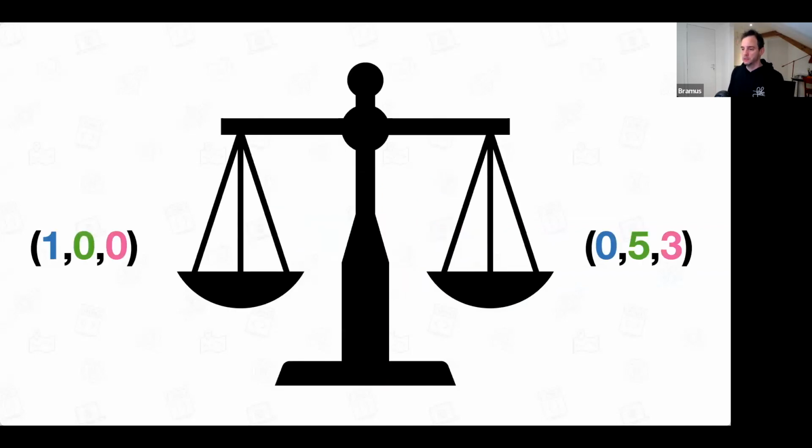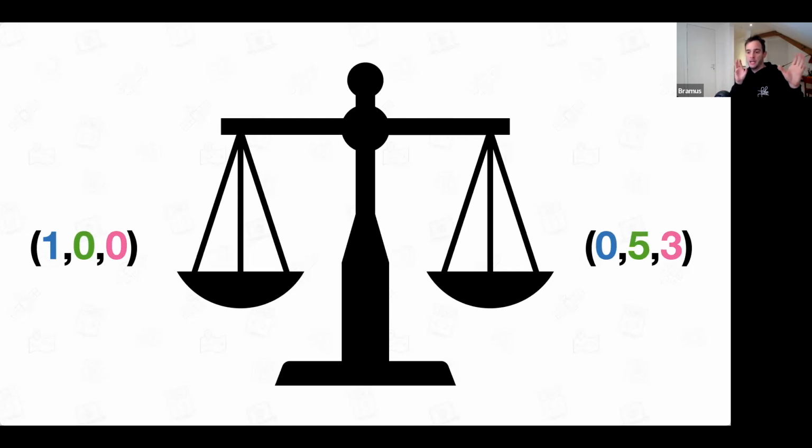But then comes the part where you have to compare them, right? How do you know which one has a higher specificity than the other? Well, here the one on the left will win. So the one with 1, 0, 0, that one has a higher specificity than 0, 5, 3. Why is that? Well, the spec says when comparing specificities, compare each and every part of the triple one after the other.